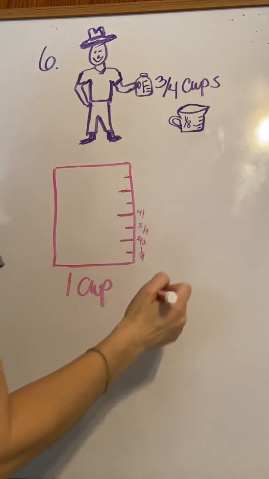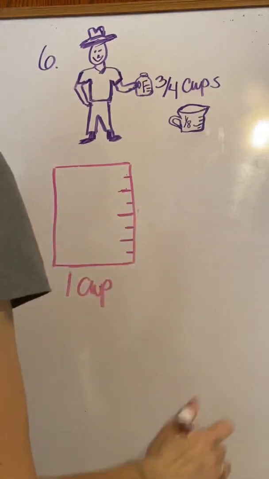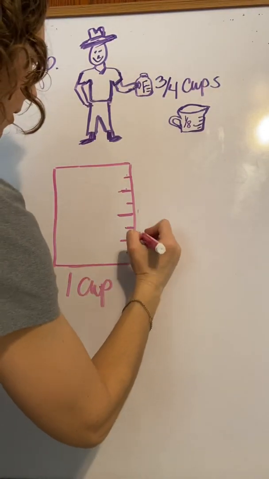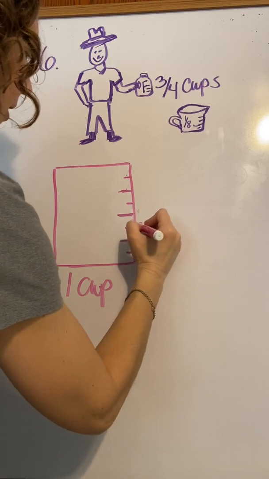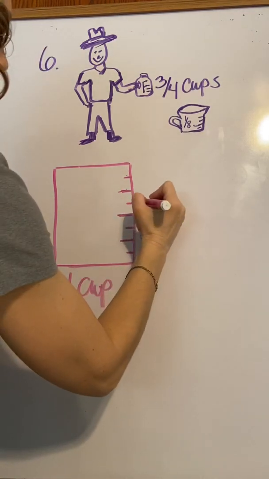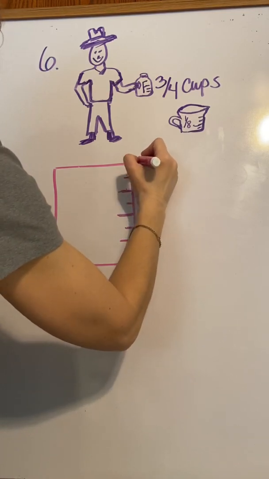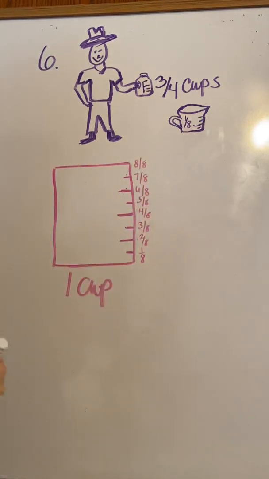No, I'm sorry, 1/8. I'm counting by fourths. This will be 1/8, 2/8, 3/8, 4/8 because that's half. 5/8, 6/8, 7/8, and 8/8 would be all the way to the top.